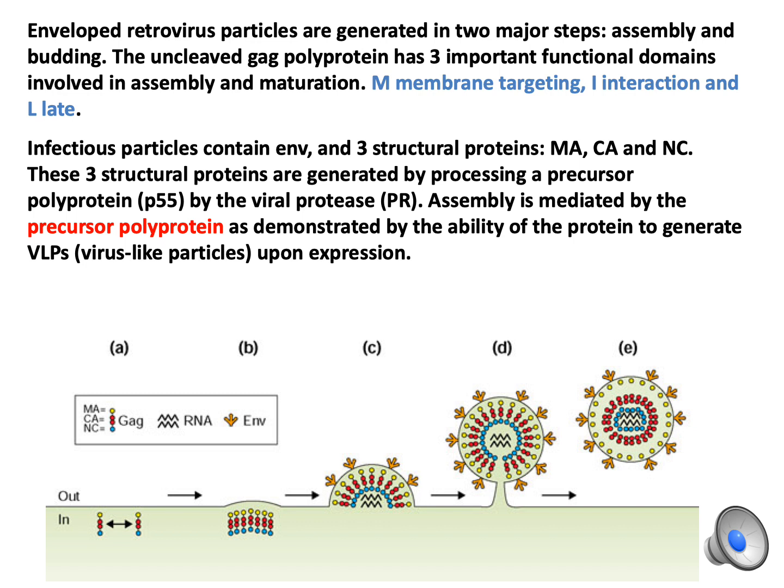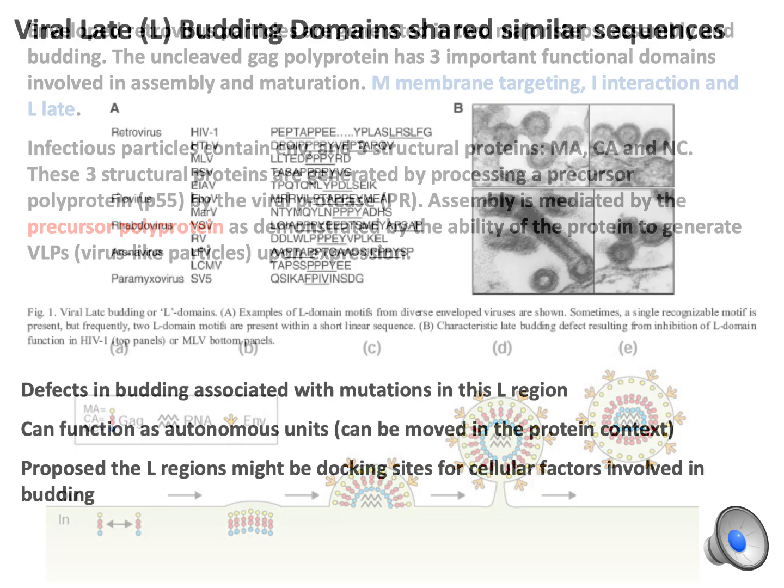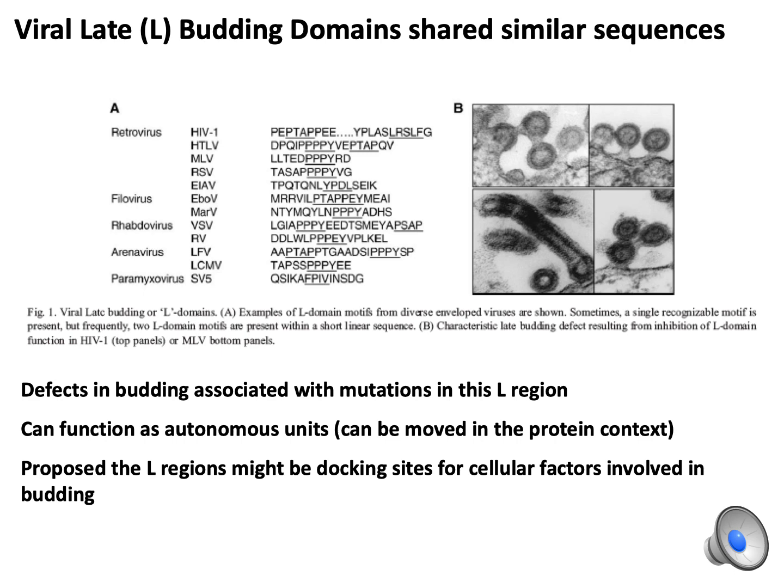sequences that, when altered, led to the particles basically getting stuck at the plasma membrane. And when people looked at those across these, a lot of different people studying a lot of different viruses, it was clear that these late or budding domains had similar sequences.